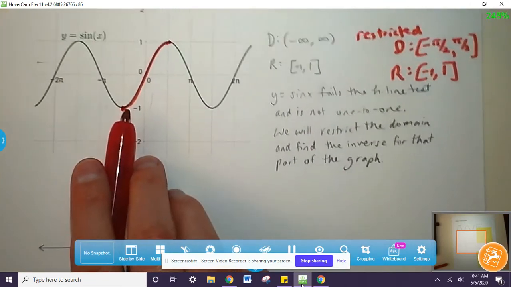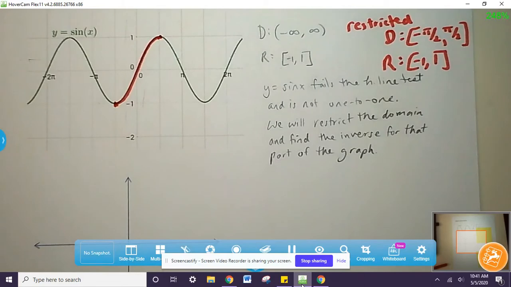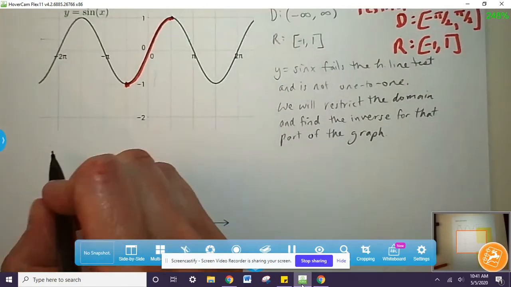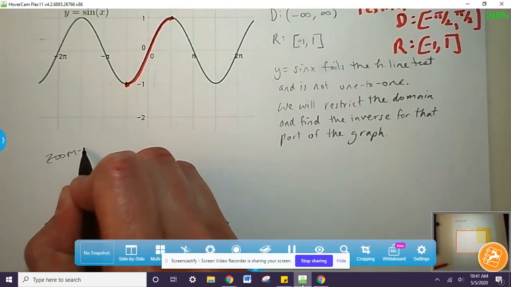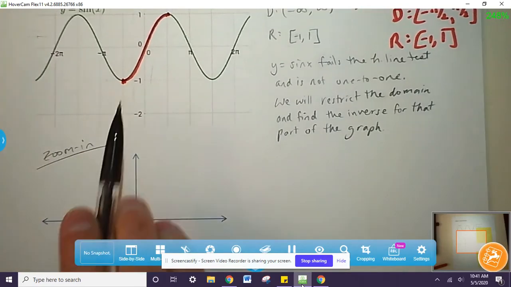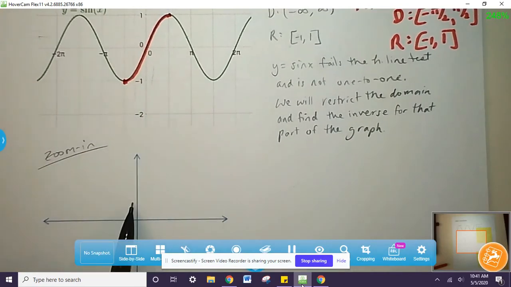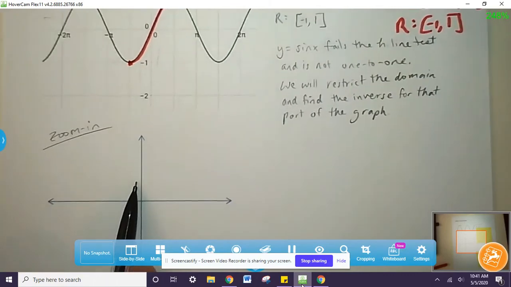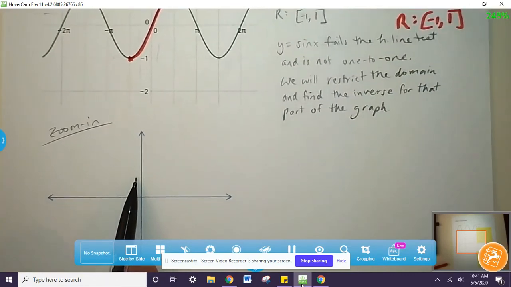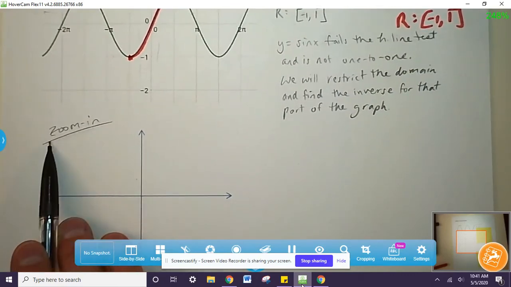So what we're going to do in order to graph the inverse is I'm actually going to have us first do what I call a zoom in. We're going to graph just this part of the graph down here so that we can take a look at the characteristics and get ready to make the inverse. So this is a step I like to take in the beginning. Once you've done this once or twice, you'll probably skip this step.